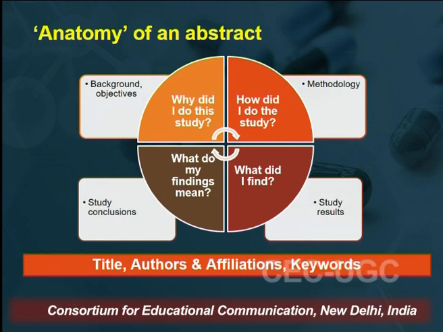The study conclusion section. So these are the 4 parts of an abstract. Through these 4 quadrants, you are providing all the information that is required to be included into an abstract. Why, how, what, and what do my findings mean? So these 4 things, along with the title, authors and affiliations, and the keywords, would make your abstract.